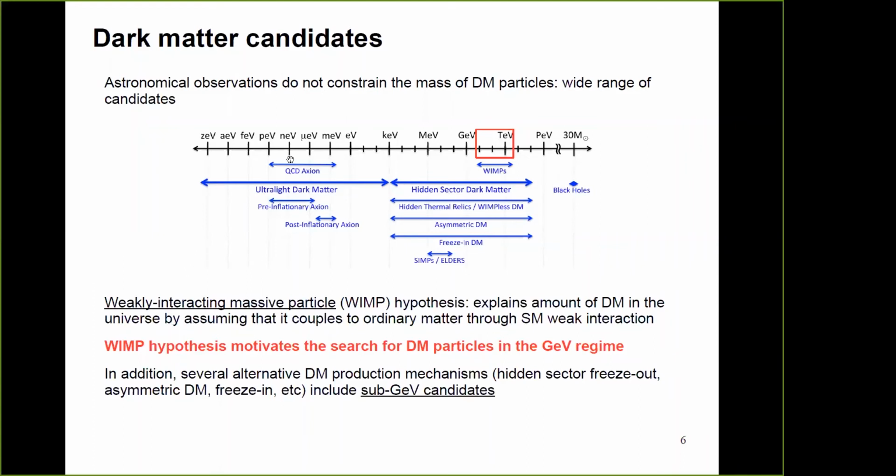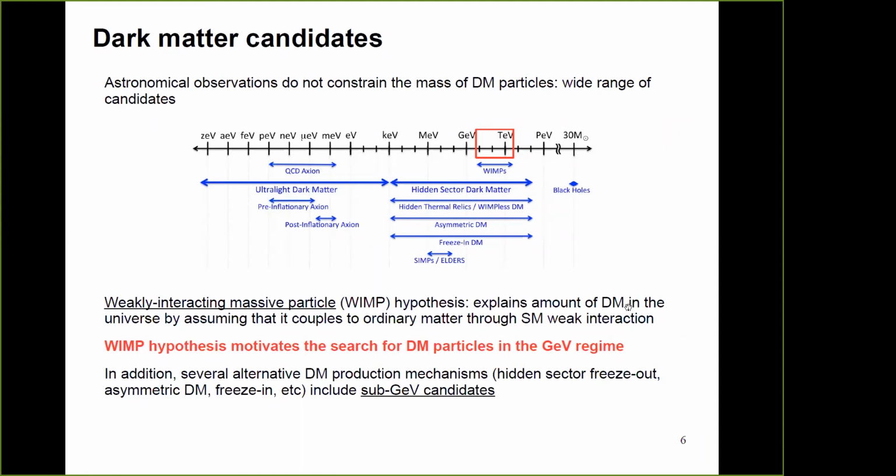Among these models, one very popular one has been the weakly interacting massive particle hypothesis. That has been of interest because, without needing to add any other interaction in the standard model, it can account naturally for the observed amount of dark matter in the universe.